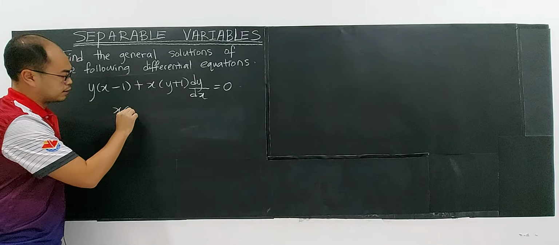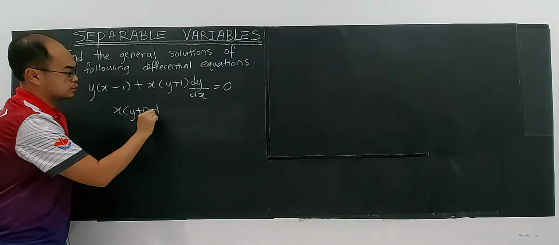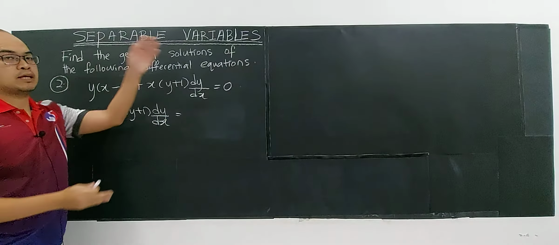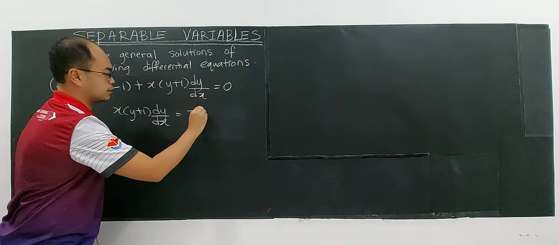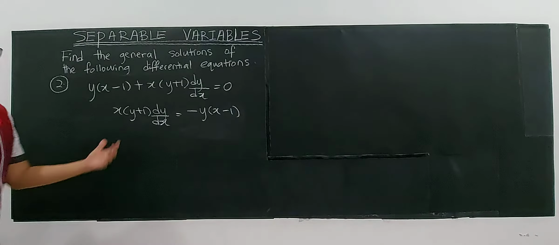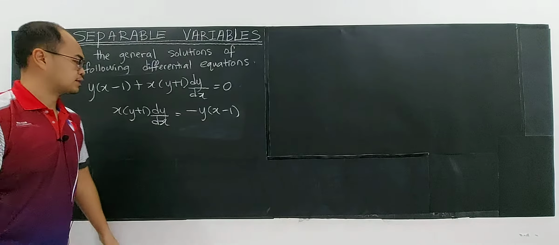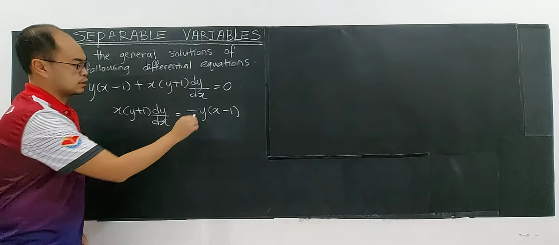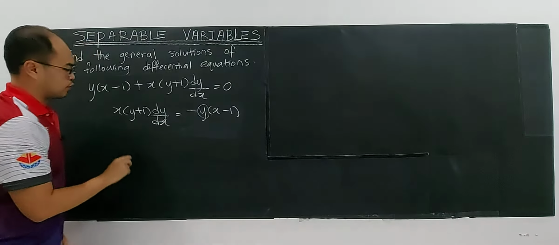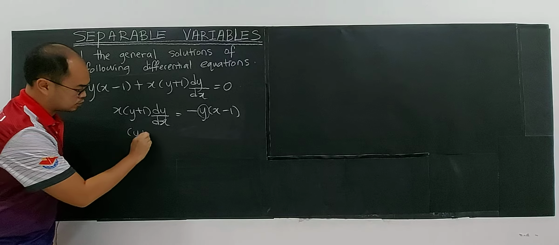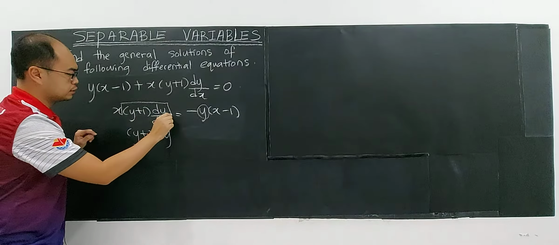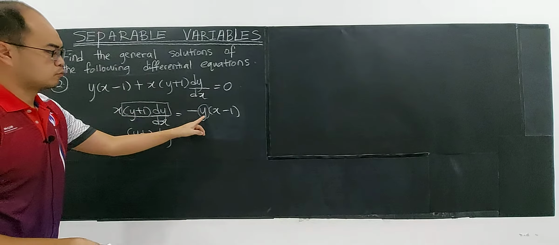I can rewrite x(y + 1) dy/dx, moving this to the other side, as negative y(x - 1). Now can you see that we can group the y together and the x together on one side? There is a y here, so we divide both sides by y, so (y + 1) dy has to stay here.